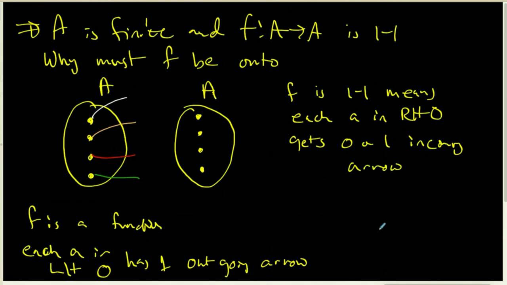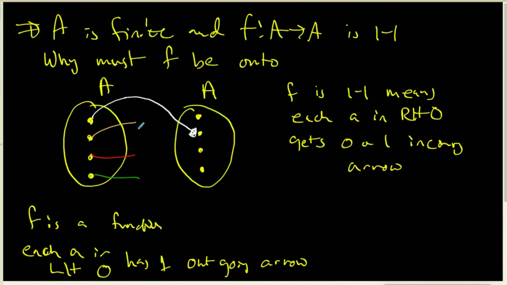So when we complete these outgoing arrows, none of them can go to the same dot over here. So let's see how that's going to work in practice. Well, this outgoing arrow has to land somewhere. Let's make him land there. Now, none of the other arrows can land there.